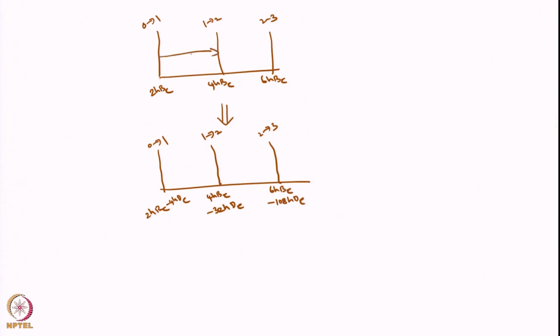Earlier the separation was 2 h B_e. Now, this will be 2 h B_e minus 28 h D_e, and this will be 2 h B_e minus 76 h D_e. So, the lines are getting closer. If you keep moving to higher values of J, the lines will get closer and closer.